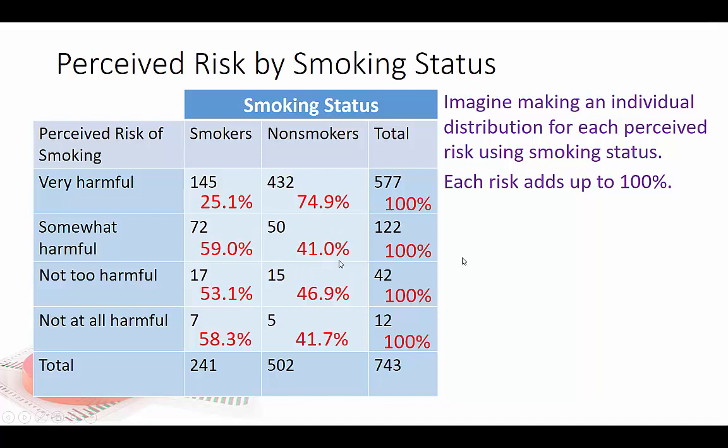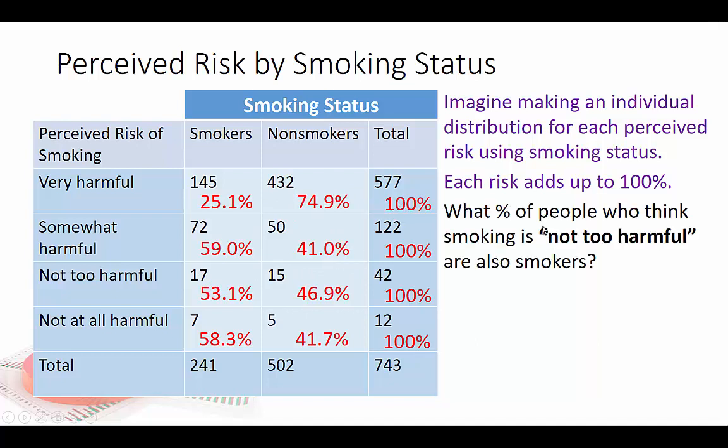Now, what percent of people who think smoking is not too harmful are also smokers? People who think smoking is not too harmful, that's this group, are also smokers. So that would be 53.1%. Because we said what percent of people who think smoking is not too harmful, that's our world. All we're worried about is this area.